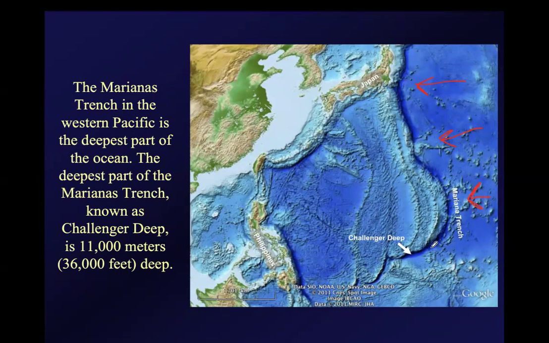That's the very deepest part of the ocean. The deepest part of the Marianas Trench, known as Challenger Deep right there, is 11,000 meters deep. That's 36,000 feet. That, by the way, is deeper than the highest mountain. You could theoretically sink Mount Everest in Challenger Deep, and it wouldn't break the surface. It wouldn't come anywhere close to breaking the surface.